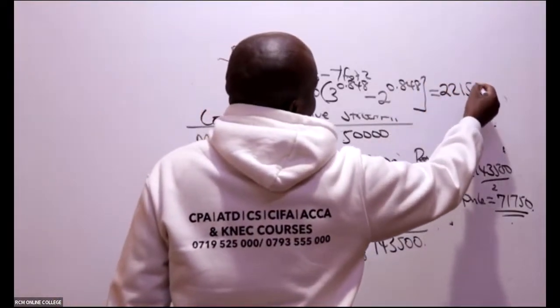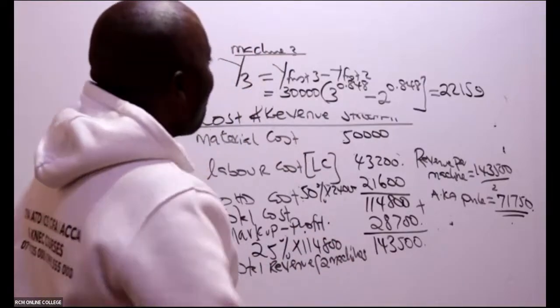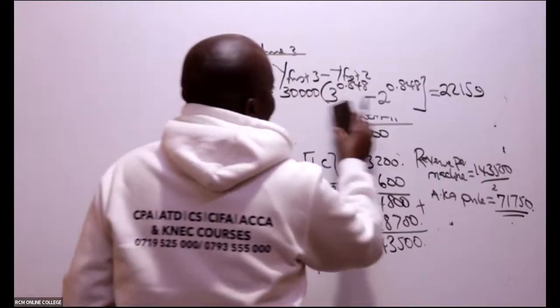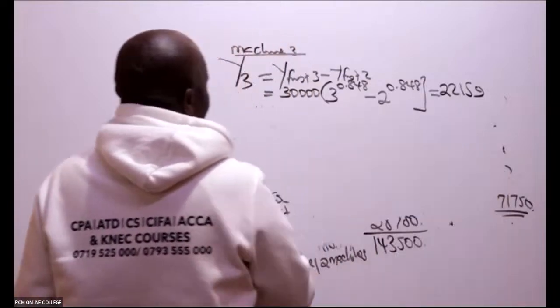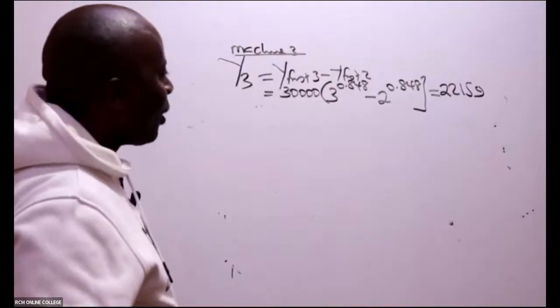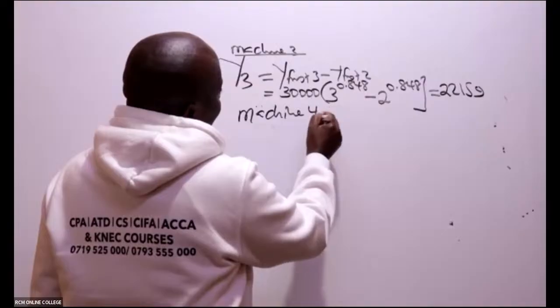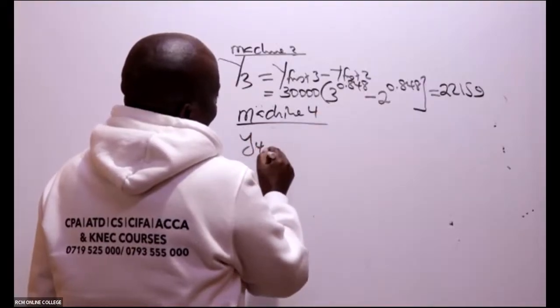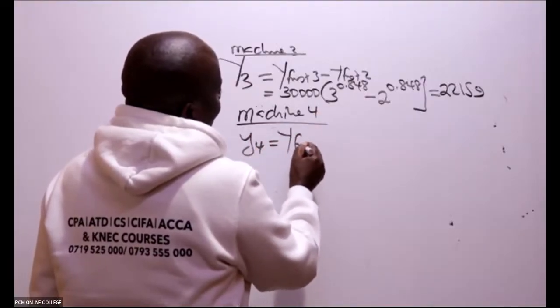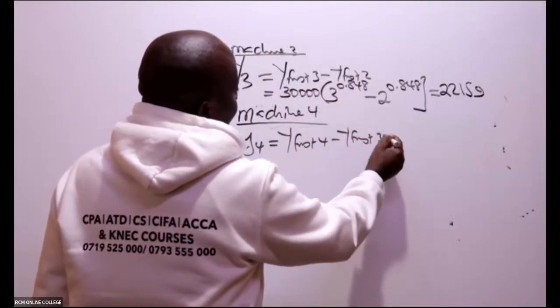Now, can you kindly go ahead and do the same for machine 4? So for machine 4, what do we have? First of all, this needs expansion. So it is Y4, which will be Y first 4 minus Y first 3.